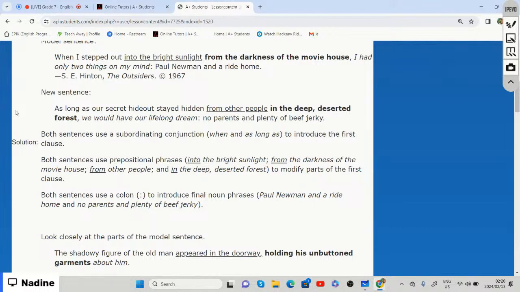So we see that both of our sentences use these prepositional phrases in order to modify the first part of the sentence.